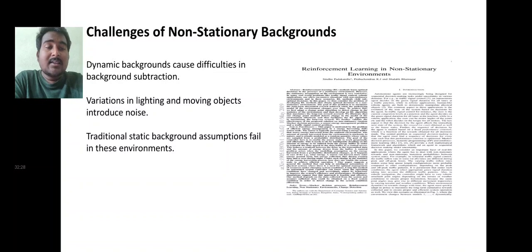There is data from the research papers about reinforcement learning in non-stationary environments. Let's go through that abstract and the introduction about reinforcement learning in the given non-stationary backgrounds for clear understanding and a good idea.